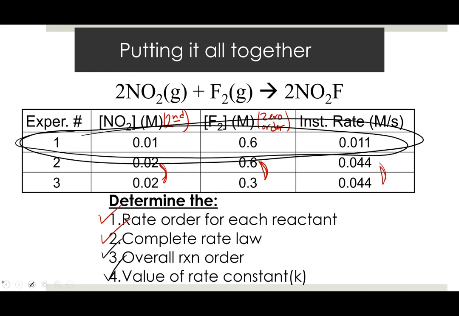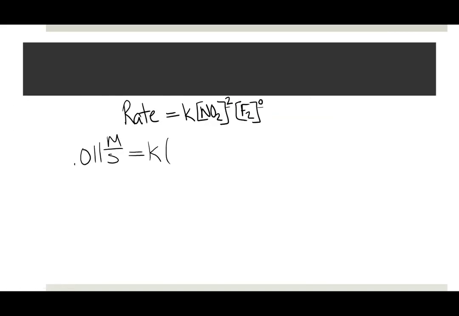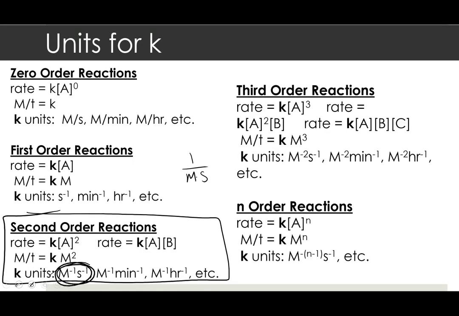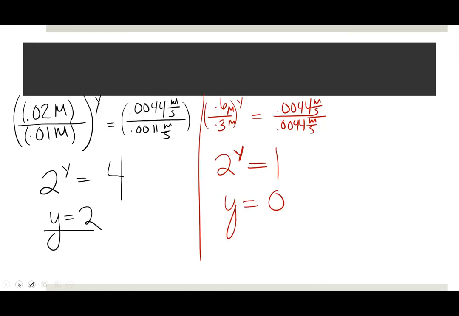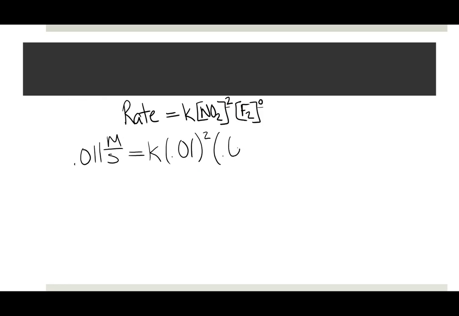Concentration of NO2 in trial 1 is 0.01. We're going to square that. Concentration for F2 in trial 1 is 0.6. And we raise that to the 0 power. Okay. So first thing I'm going to do is just clean up this right-hand side a little bit.